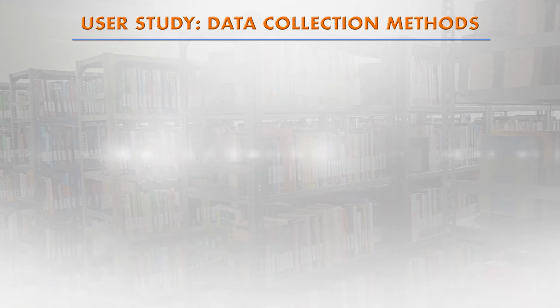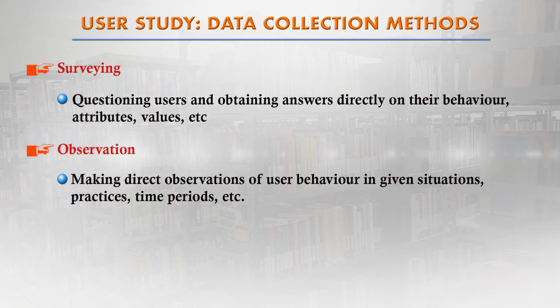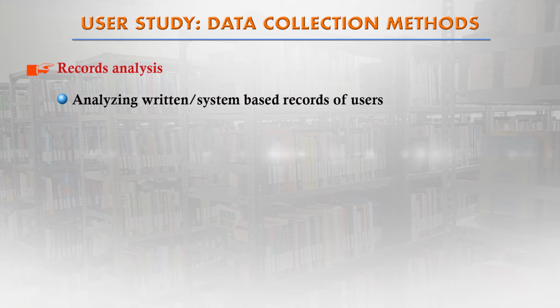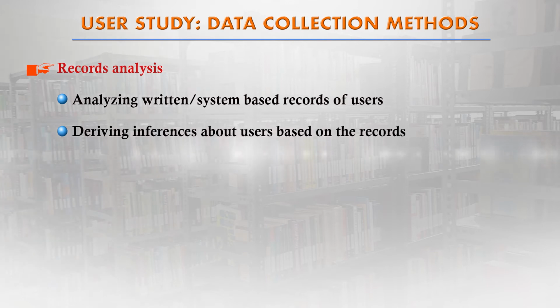Data collection methods include surveying, that is a questionnaire based survey, and observation, which I mentioned, so that also you can get data. Then there is the data in library records, which I just mentioned how you can get. You get those records in written or system driven form and then derive results as record analysis.